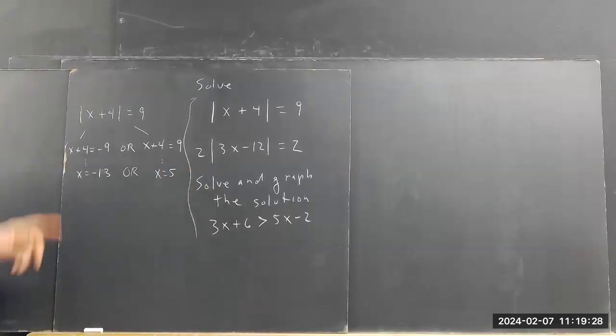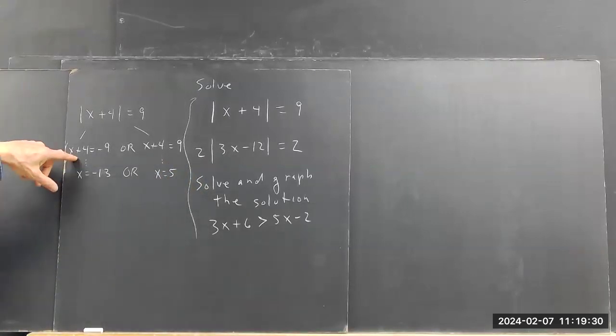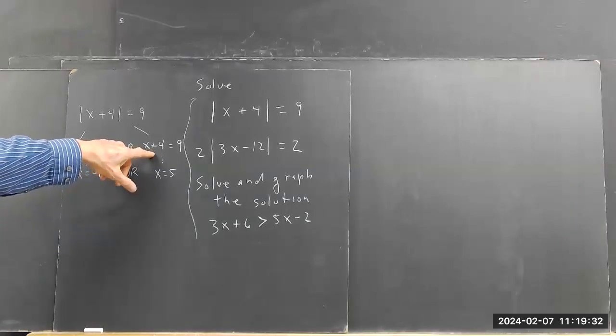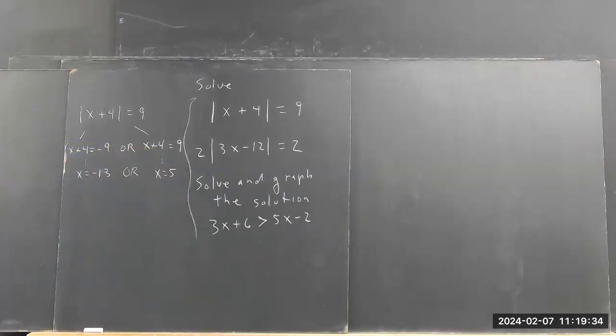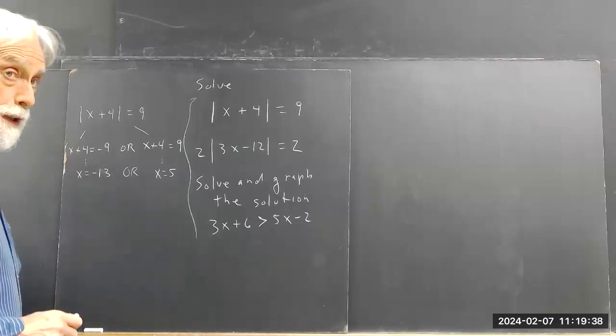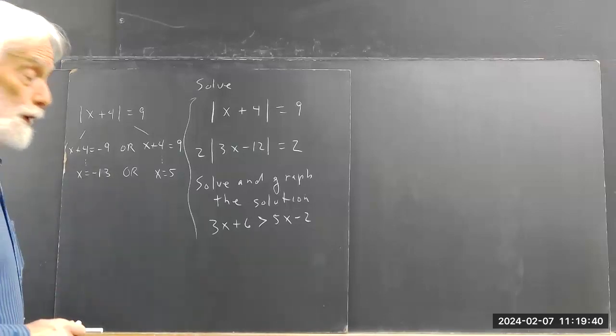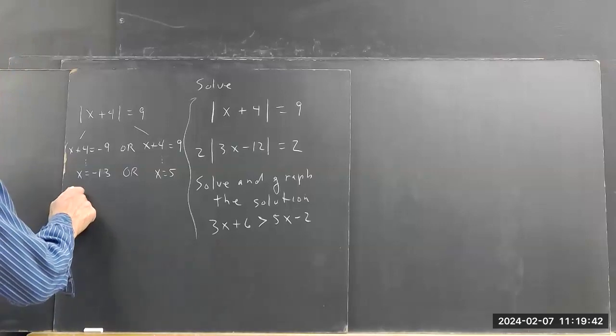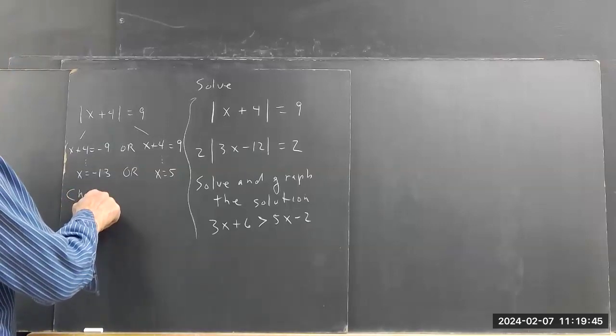And of course, the intermediate step is subtract 4 from both sides here. So add 5 to subtract 4 from both sides here. And these are the solutions you get, and then we check. Okay, that's kind of an automatic part. Although if we're doing a quick quiz in class.